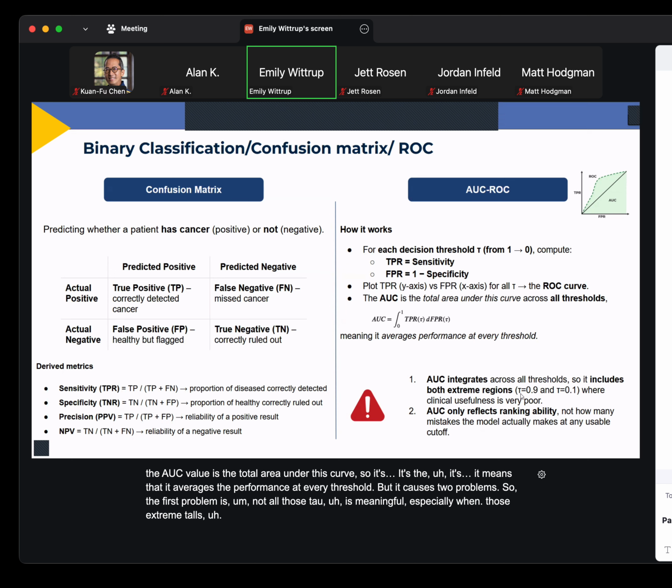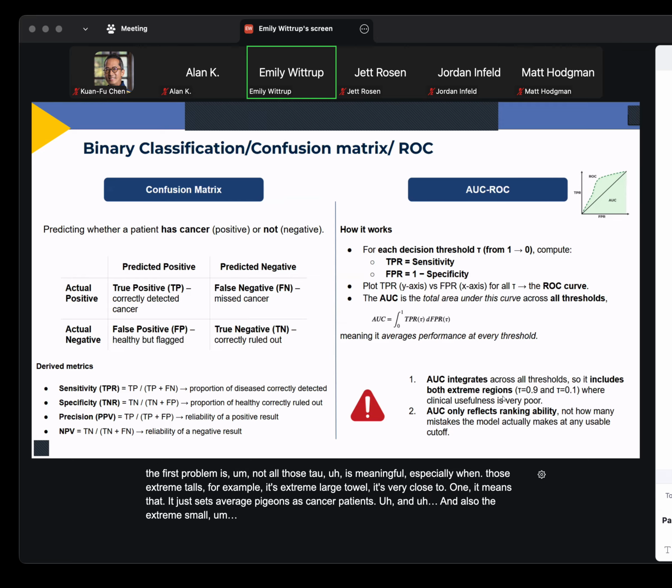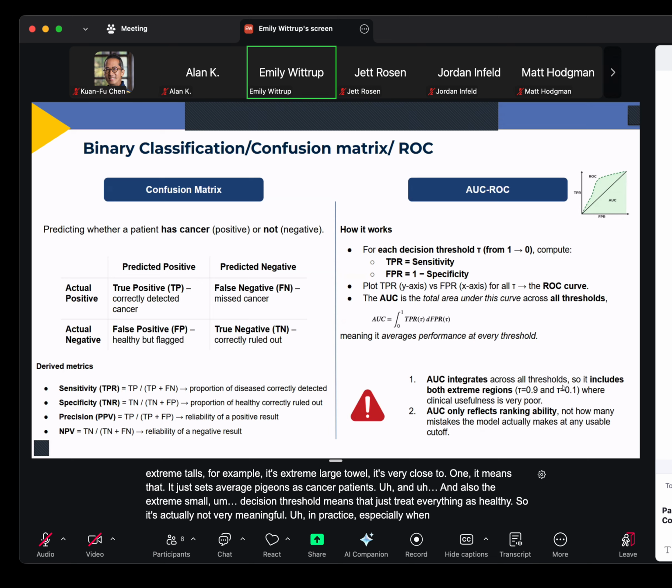For example, an extremely large tau, very close to 1, means it just sets every patient as a cancer patient. And an extremely small decision threshold means it just treats everything as healthy. So it's not very meaningful in practice, especially in clinical use.